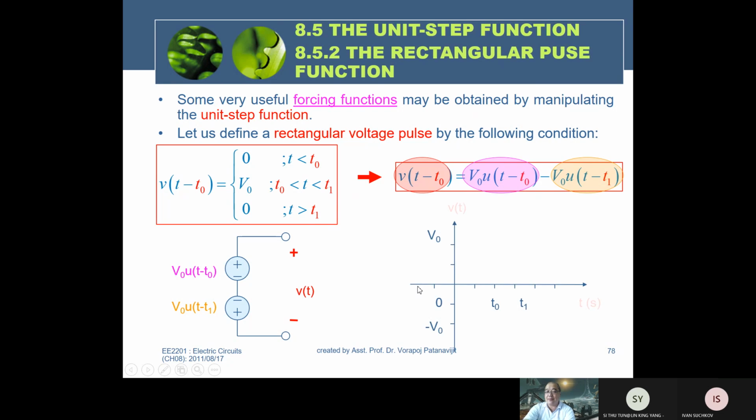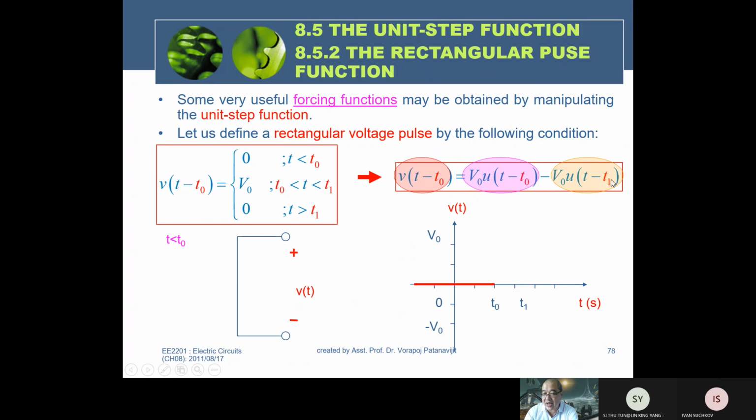What about this graph? In order to get the final answer, u(t - T0) is here. It means you will get the pink one first. The pink one is here. You can see that this is only the rectangle. For time less than 0, it equals 0, and for time greater than 0, it equals here.